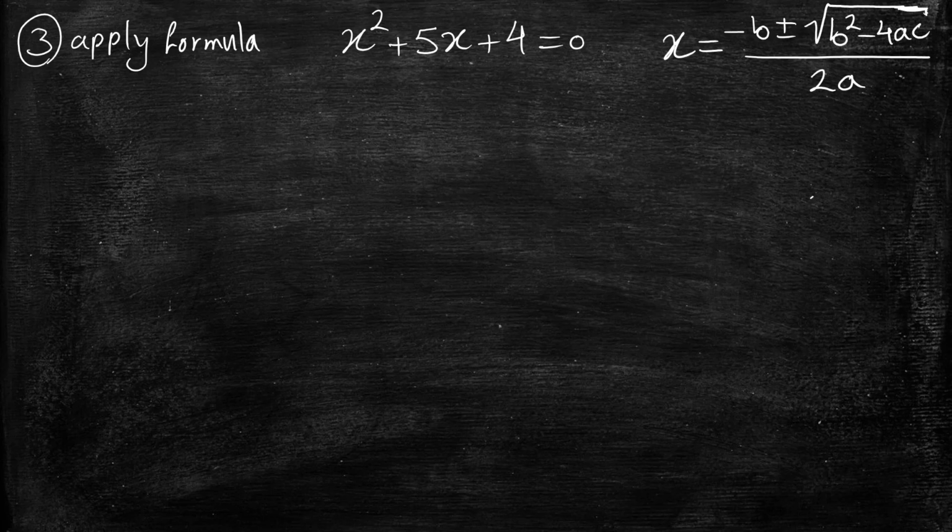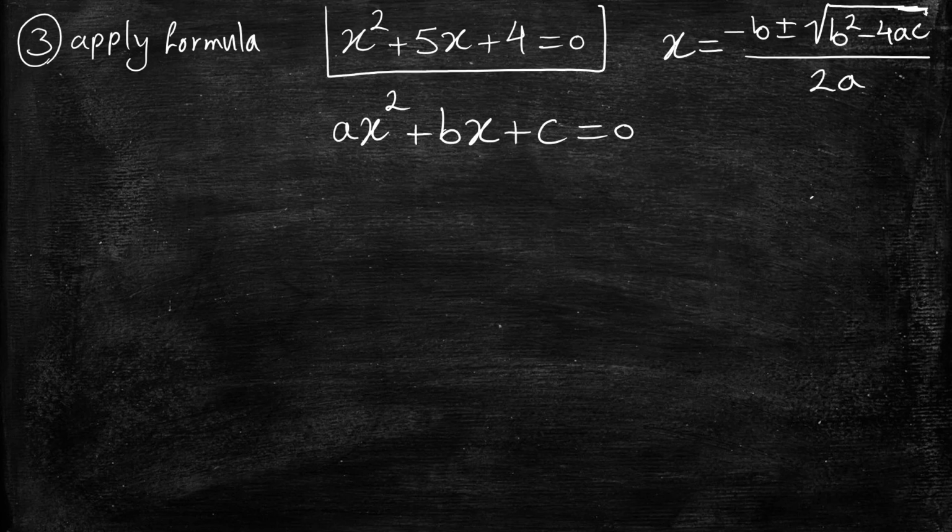And that is like this: ax squared plus bx plus c equals 0. So a, b, c are just numbers. So for example, in our particular case, in our example here, you can see ax squared, a is 1.